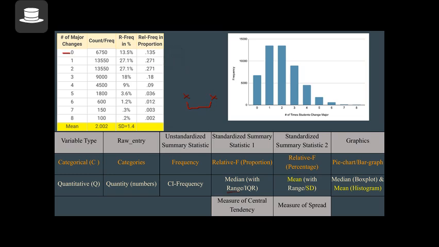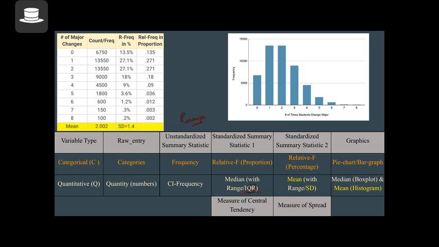A more informative measure of spread than the range is the interquartile range. Again, we're not talking about that. It's not so important for this class. But interquartile range is also the range for the middle 50% of the observations. We're not getting into that.